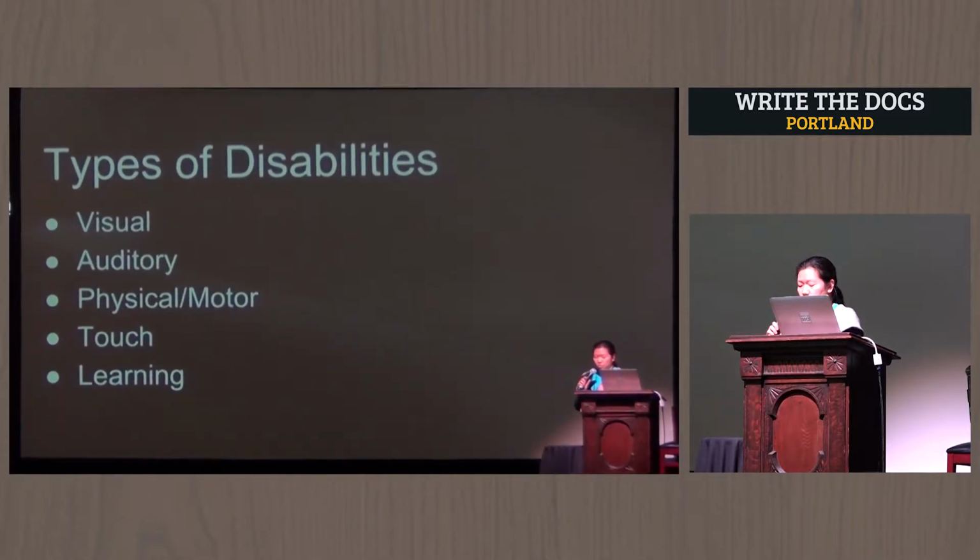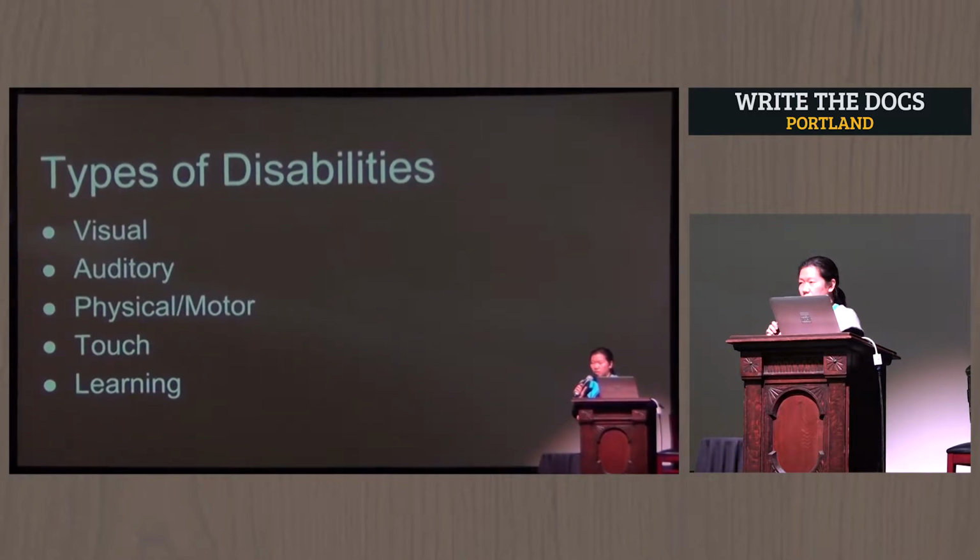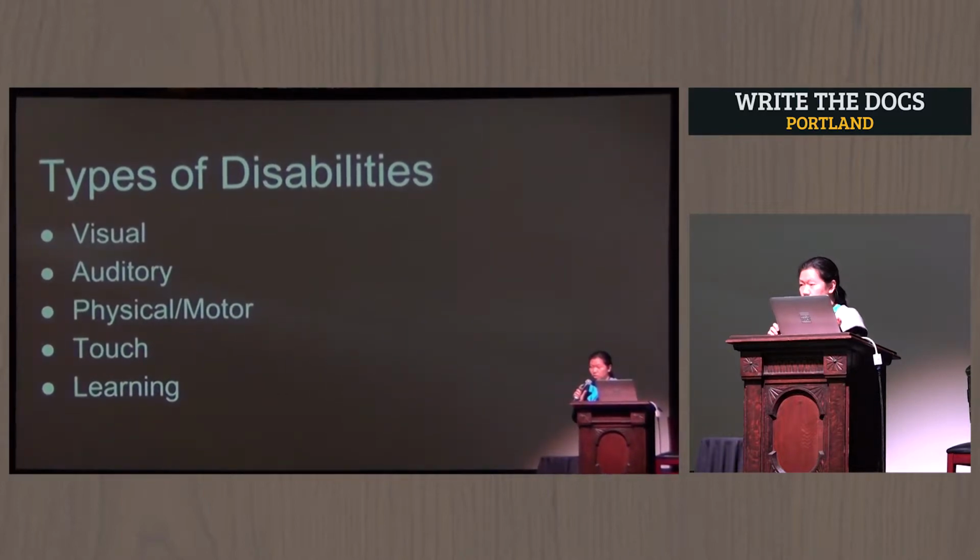It might be physical or motor, and examples include not only being able to grip something, but also even with precise movements. Touch is actually a really interesting one because it refers to the lack of sensation in touching. Learning is a really large umbrella term, but includes things like dyslexia and other reading disabilities, as well as dysphasia and other related issues with writing.